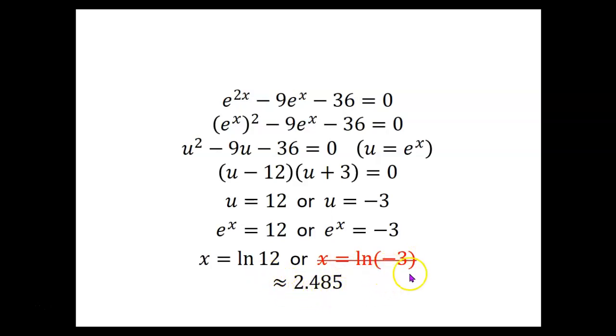The ln of negative 3 is undefined. You can't have the ln of a negative number. So the only real solution to this equation is where x is, well, the exact answer is the natural logarithm of 12. The decimal approximation is 2.485.